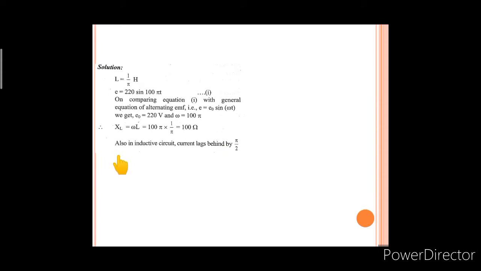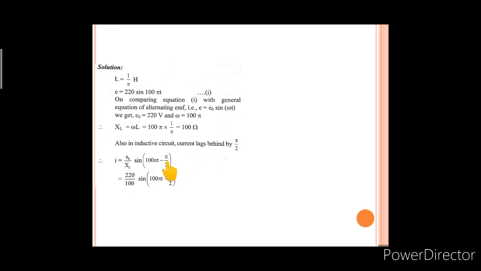Also, in an inductive circuit, we know that the current lags behind by pi by 2. So we can write our equation as I is equal to E0 upon XL into sin omega t minus pi by 2, and as omega is 100 pi, we write it as sin 100 pi t minus pi by 2.